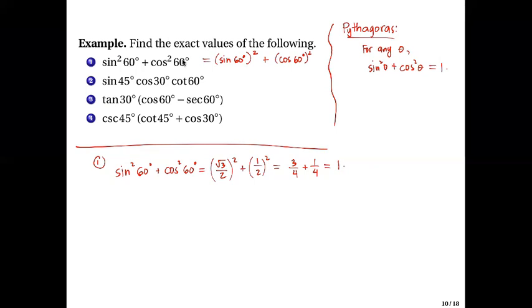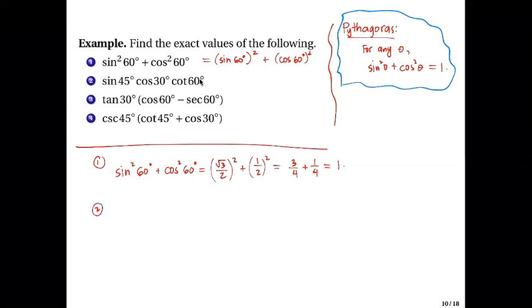So take note: if you have the same angle, sine squared 60 degrees plus cosine squared 60 degrees is equal to 1, or for any angle theta, sine squared theta plus cosine squared theta is equal to 1. So that's the other solution.